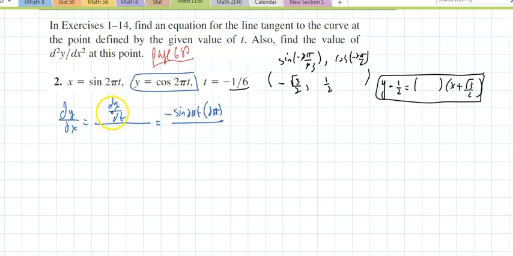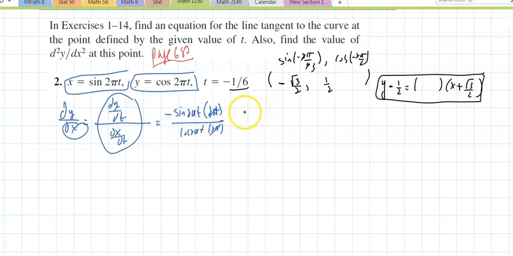And the denominator will be dx dt. Again, you really don't need to write this. And the derivative of sine is the cosine of 2 pi t times 2 pi. Those undo each other, right?